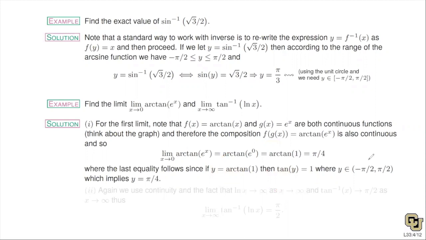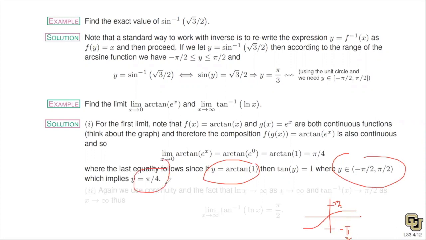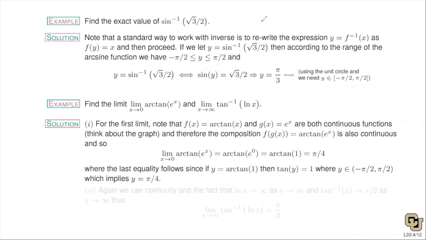Here, y equals arctan, so y has to be in the range of arctan. So I know y has to be between minus pi over 2 and pi over 2. Think about the graph of arctan. It's bound between pi over 2 and minus pi over 2. So here I'm only solving tan of y equals 1 for the answer that's between minus pi over 2 and pi over 2. And so the only answer is pi over 4 here.